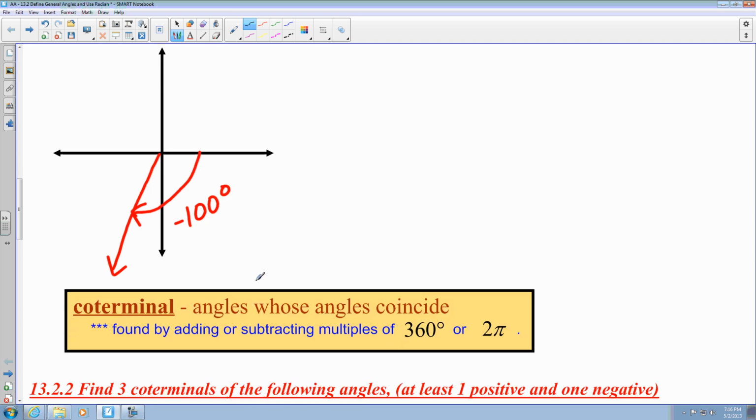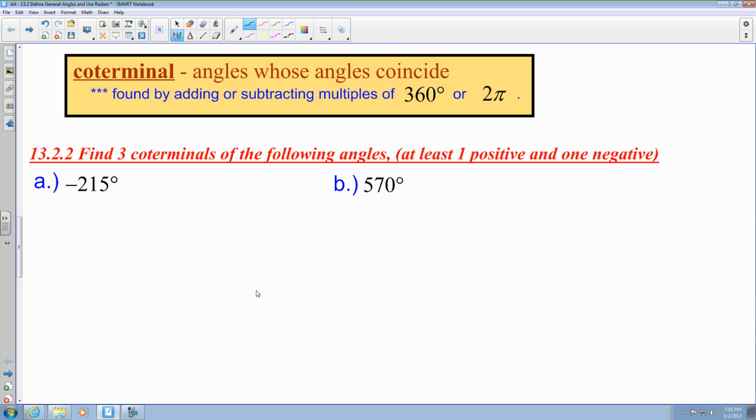So the second portion of this section, they want us to find the coterminal angles. Coterminal angles are different ways that you can write the same angle, either positive or negative, depending on how many times you rotate around our coordinate plane.